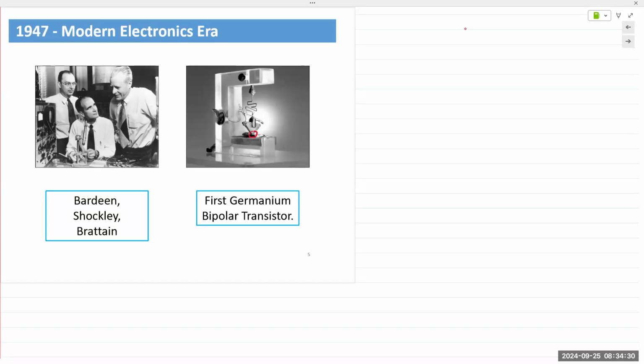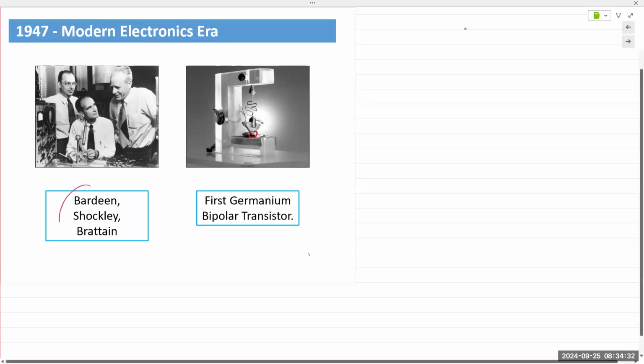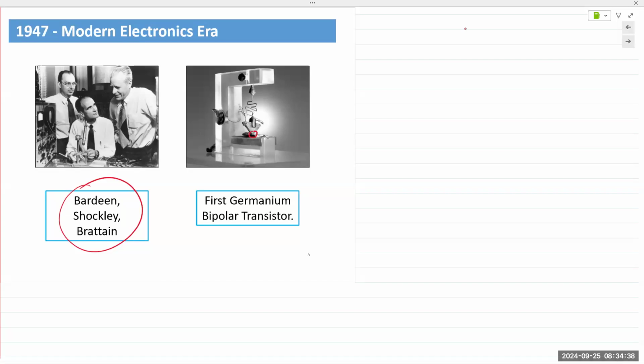Okay. The 3 of these scientists were awarded a Nobel Prize in physics in the year 1953, I want to say. So it was a groundbreaking discovery at the time. Okay. There are very interesting stories about these 3, especially about Shockley.